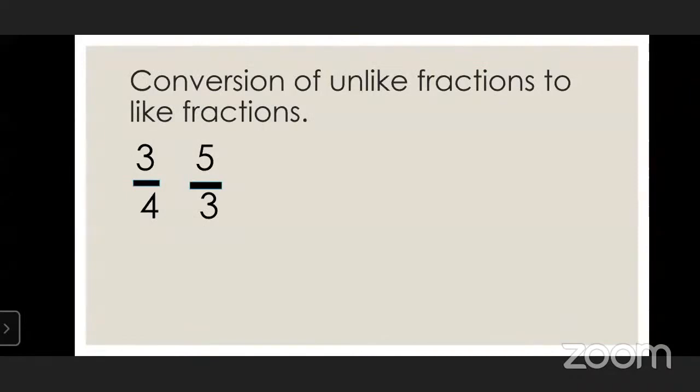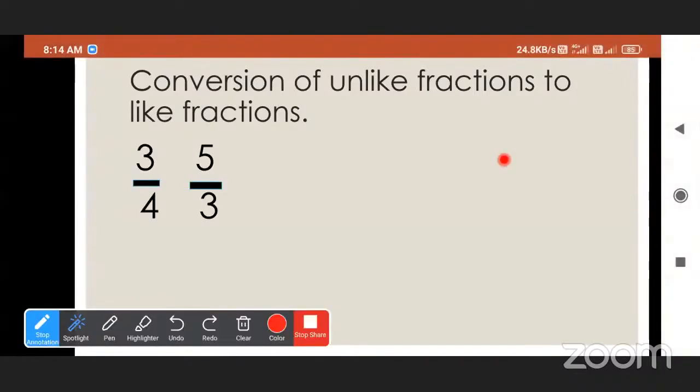Now, conversion of unlike fractions into like fractions. If we have to convert unlike fractions into like fractions, what do we have to do? See here, 3 upon 4 and 5 upon 3. Are these like fractions or unlike fractions?